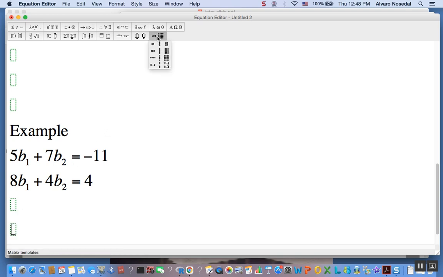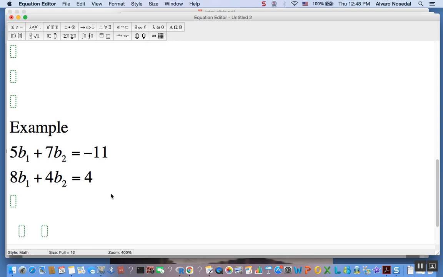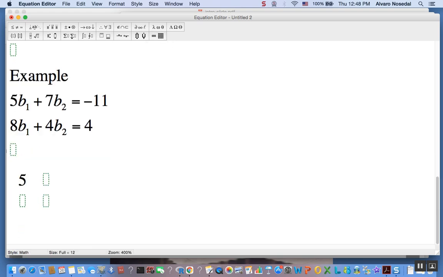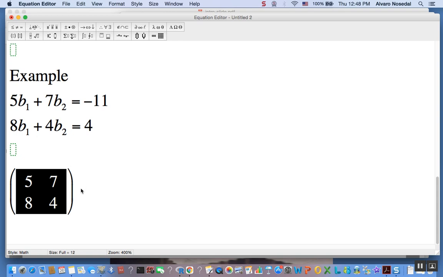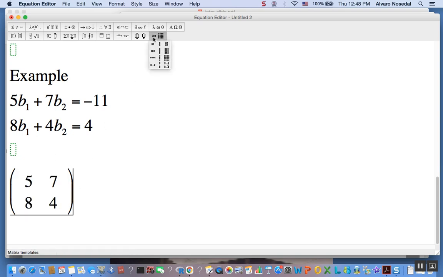So, let's see, we have a 5 here, we have an 8, we have a 7, we have a 4, we have a 2 by 2 matrix then. Then we have a 2 by 1 matrix, or a vector if you will.